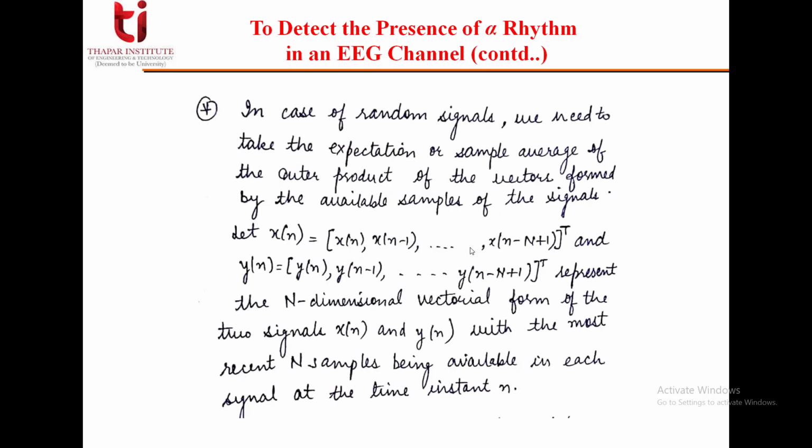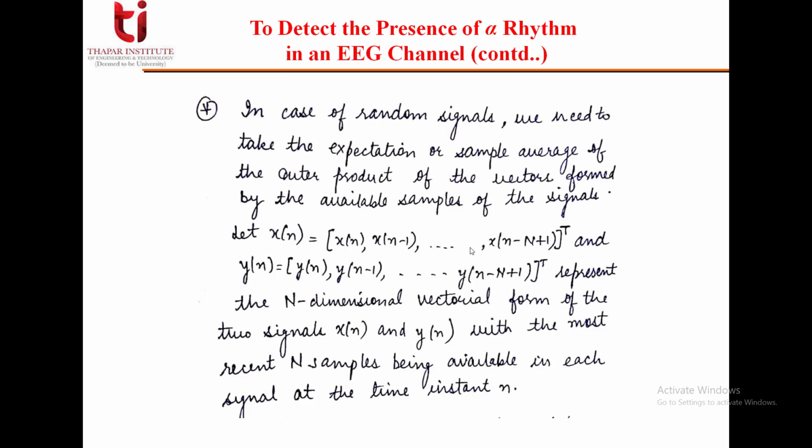Now that was discussed in terms of discrete signals, and we have also discussed continuous signals. Now let's suppose we have random signals, because we know noise is mainly random in nature. So we need to take the expectation or simple average of the outer product of the vectors formed by the available samples of the signal.